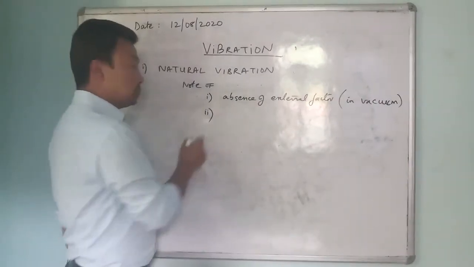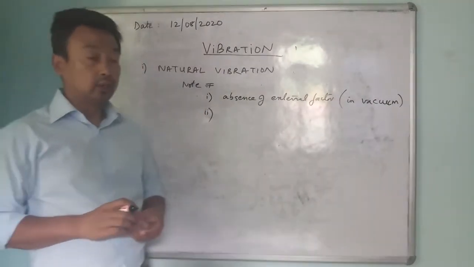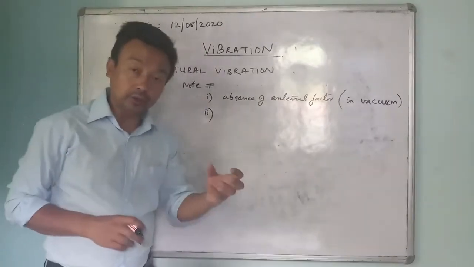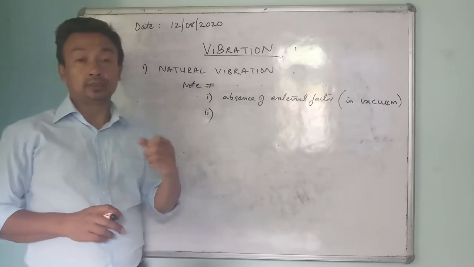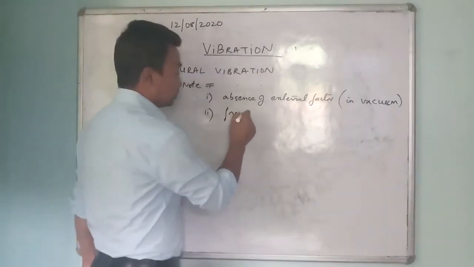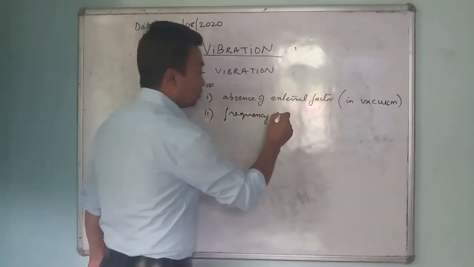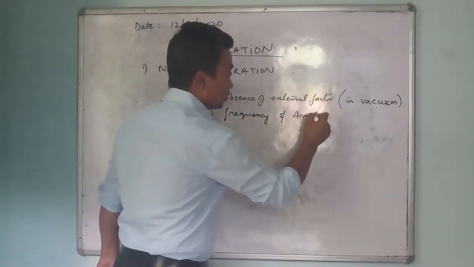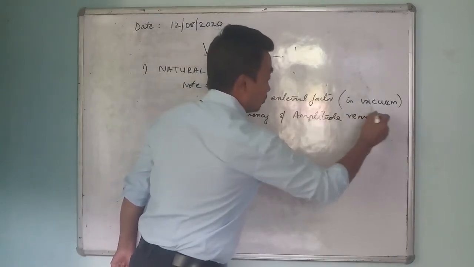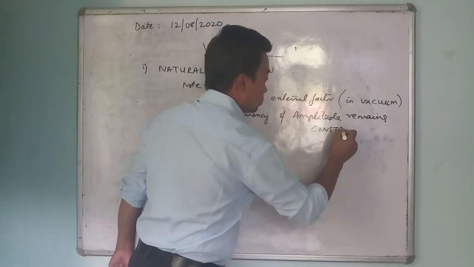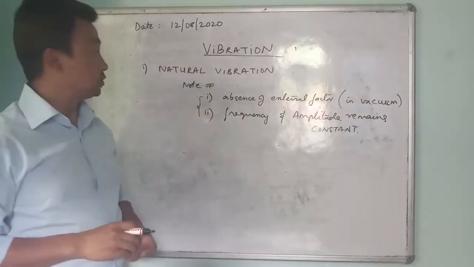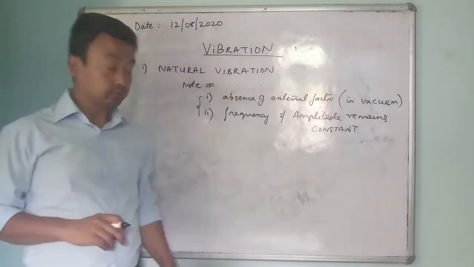The second point is that since there is no external force to disturb the motion of the body, two terms, the frequency and the amplitude, remain constant. So these are the two key points in the natural vibration.